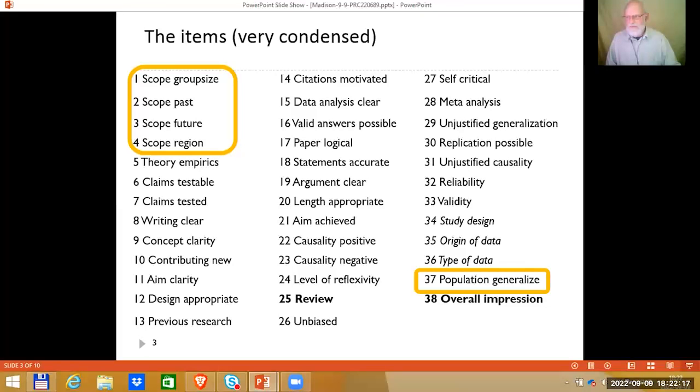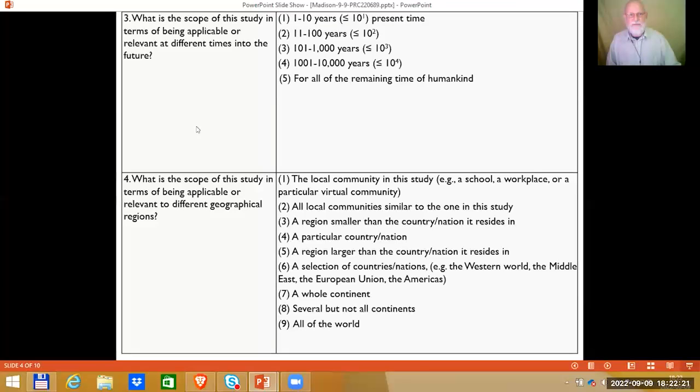So let's take a quick look at these, number 3 and 4, just to give you an impression of what they look like. So what is the scope of this study in terms of being applicable or relevant at different times into the future? And we have a geometric scale here from a few years up to tens of thousands of years, and for all the remaining time of humankind.